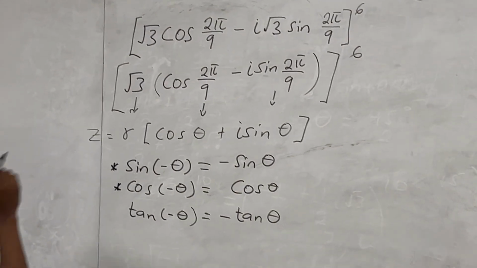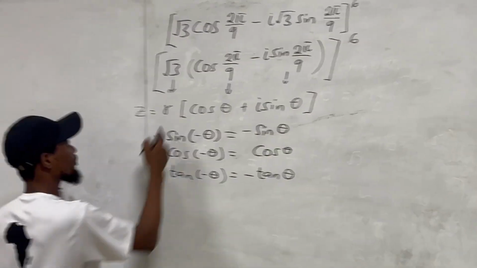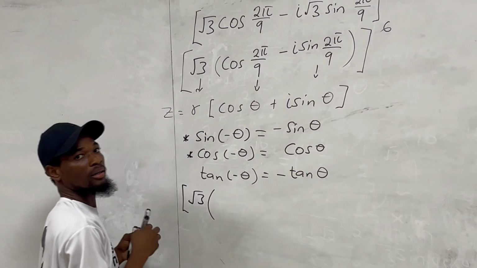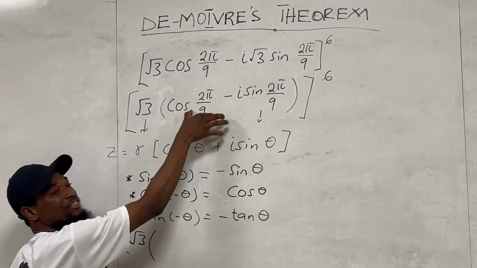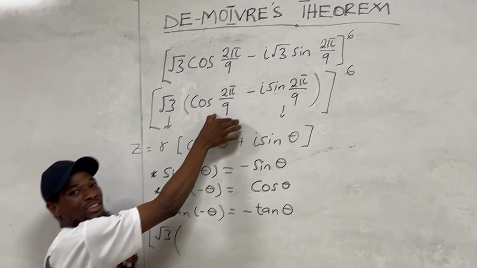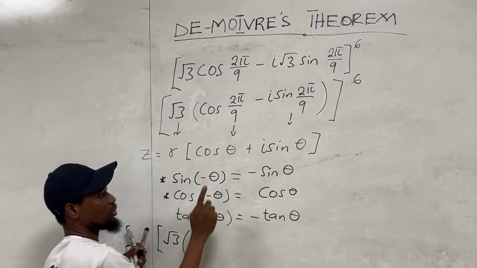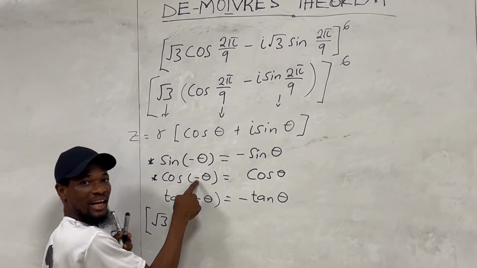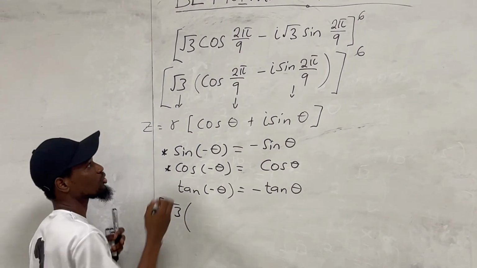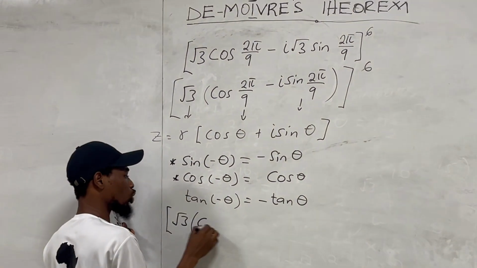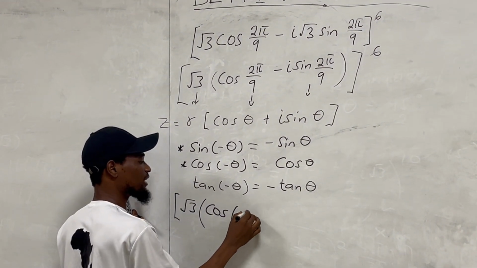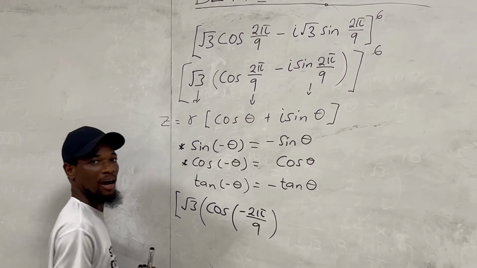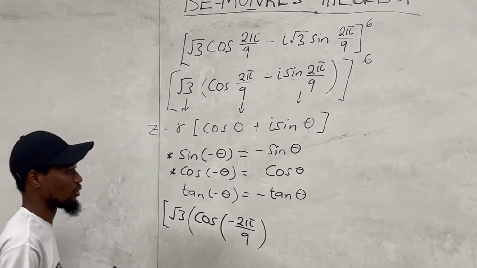So having done that, I can clearly say root 3, then viewers, this is the positive theta, this is the positive angle, right? So if I have positive angle for cos, when I negate that angle, it's still the same. So I can just negate this, right? So I can say cos of negative 2 pi over 9, and I haven't changed anything at all.